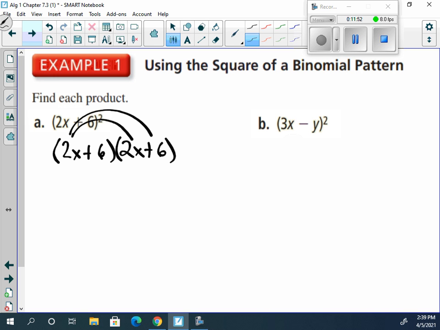All right, so 2x times 2x is what we're going to do first. So we can multiply the numbers. 2 times 2 gives us 4. x times x gives us x squared. Right, 2x times 6, so 2 times 6 is going to be plus 12, and then we have our x.